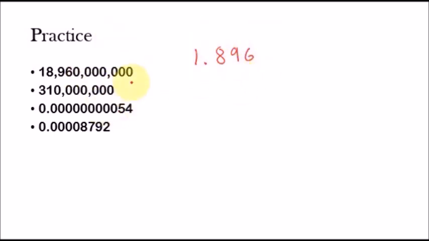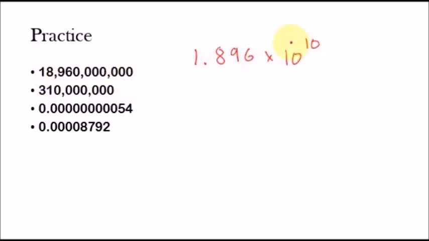Then in order to keep all these zeros, we multiply it by 10 to the power of 1, 2, 3, 4, 5, 6, 7, 8, 9, 10. So 10 to the power of 10. That way the decimal point will move those 10 digits in order to get the correct value.